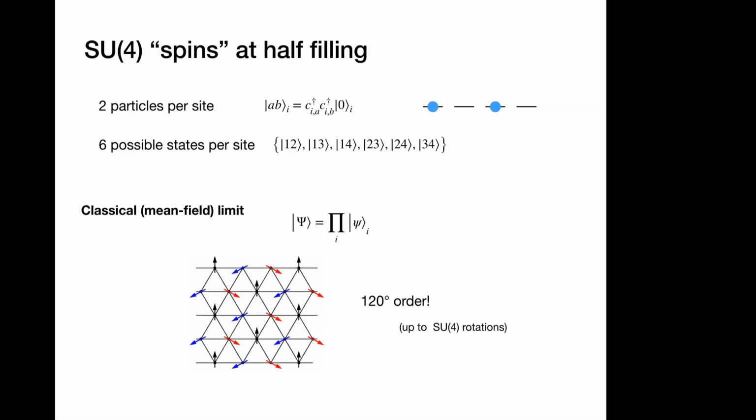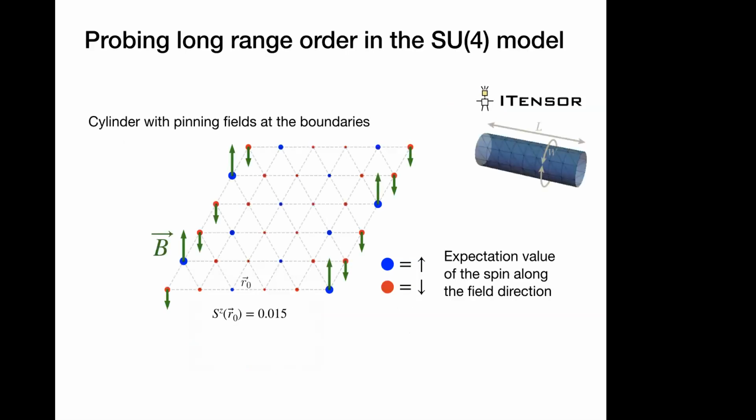So knowing the classical ground state, we could try to understand whether this is also the ground state in the quantum limit. We can do this numerically using DMRG.